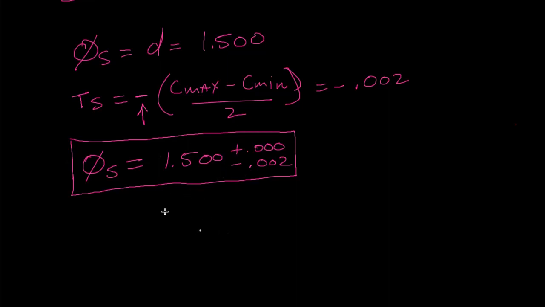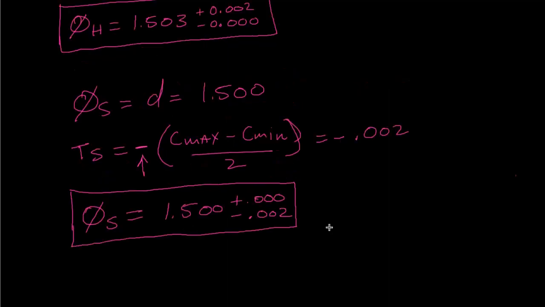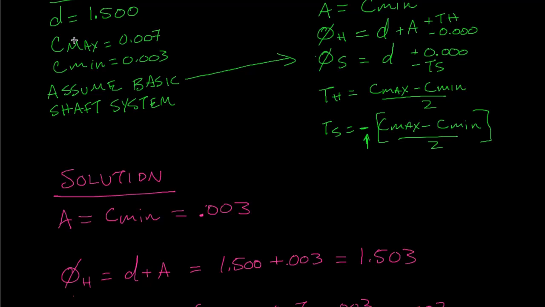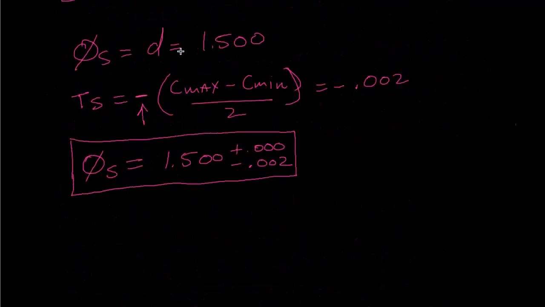Now, if we wanted to check to make sure that these diameters and tolerances were correct, we could manipulate these and do some math to figure out if we in fact get a maximum clearance of 0.007 and a minimum clearance of 0.003.